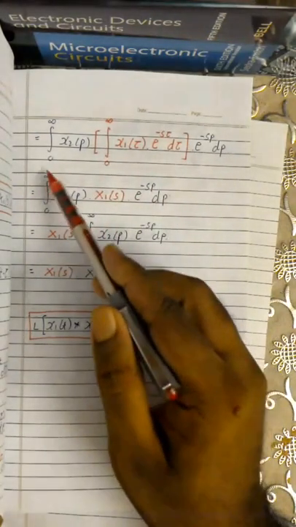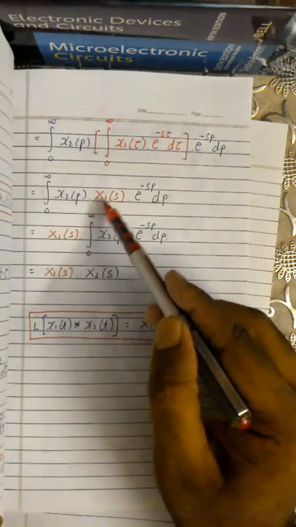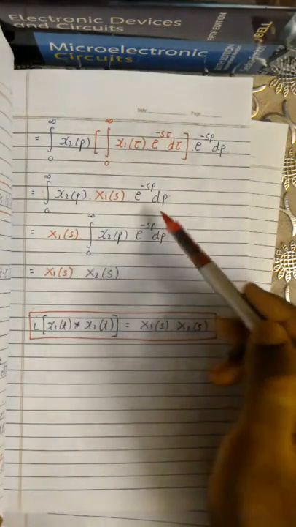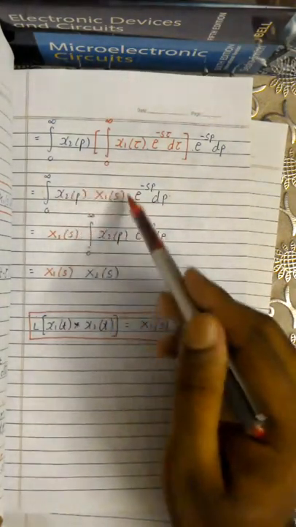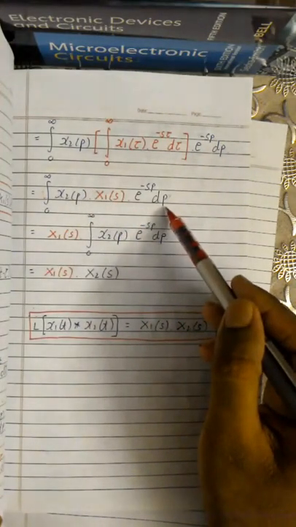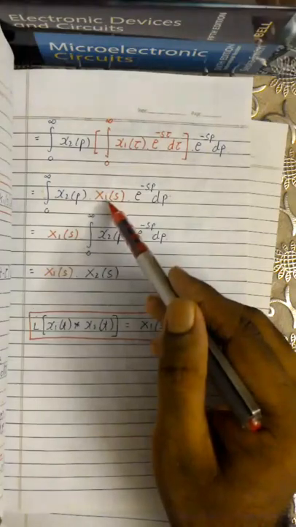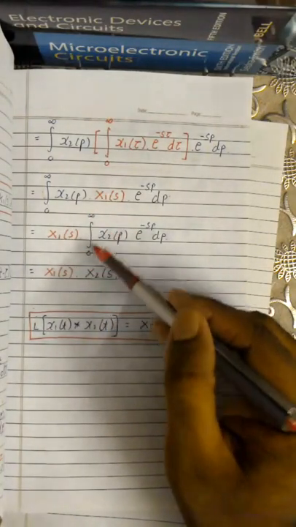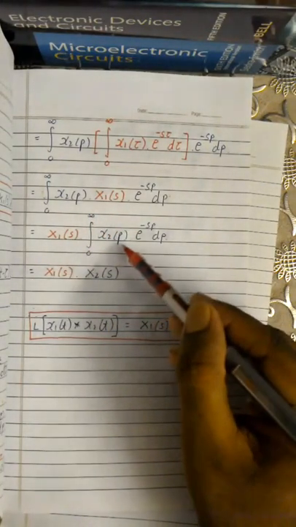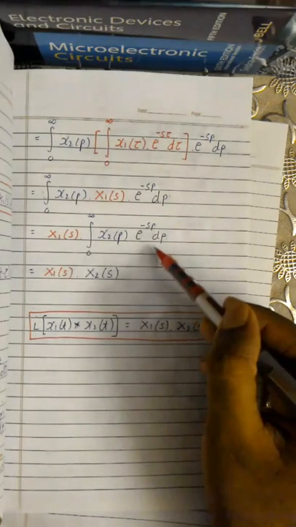So you will get integral 0 to infinity x2 of p into x1 of s into e raised to minus sp dp. Now this integration is with respect to p. Therefore x1 of s can be treated as a constant, so I will take it outside. So this will become integral 0 to infinity x2 of p e raised to minus sp dp.